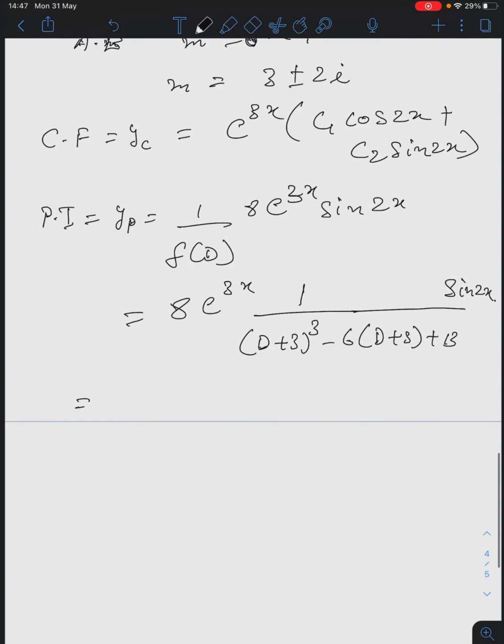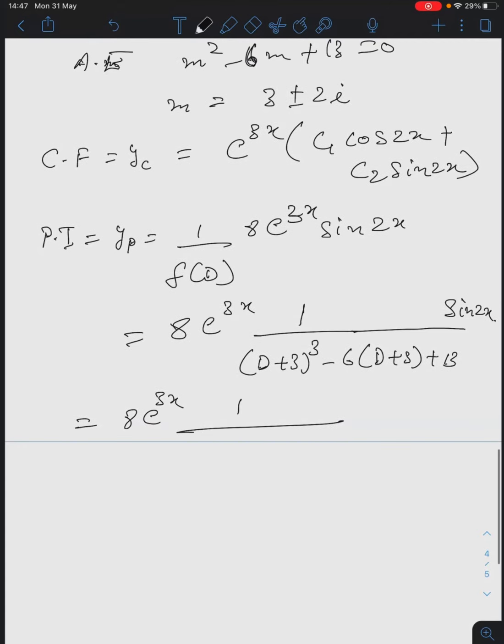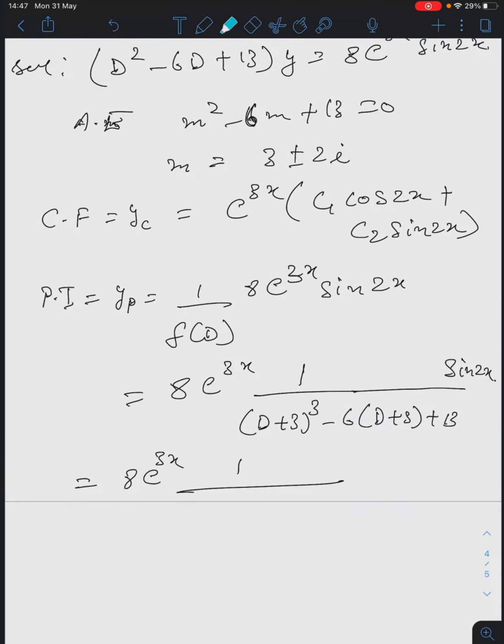Okay, simplify and tell me the denominator in terms of d. 1 by d plus 3 whole square minus 6 into d plus 3 plus 13.